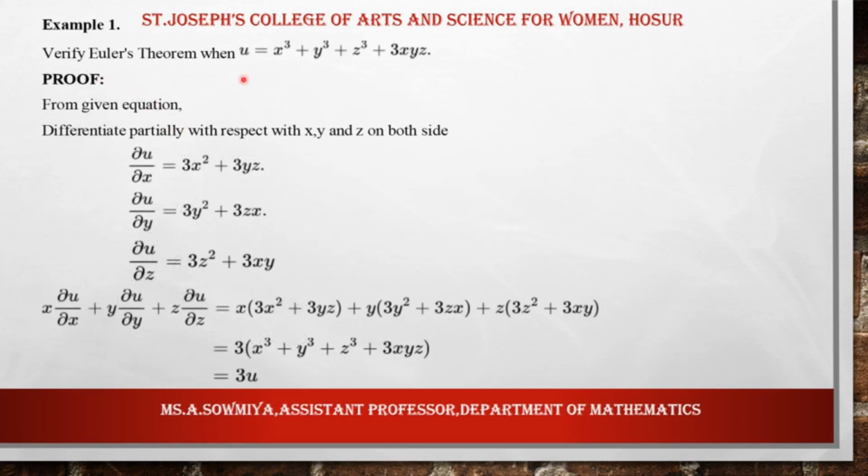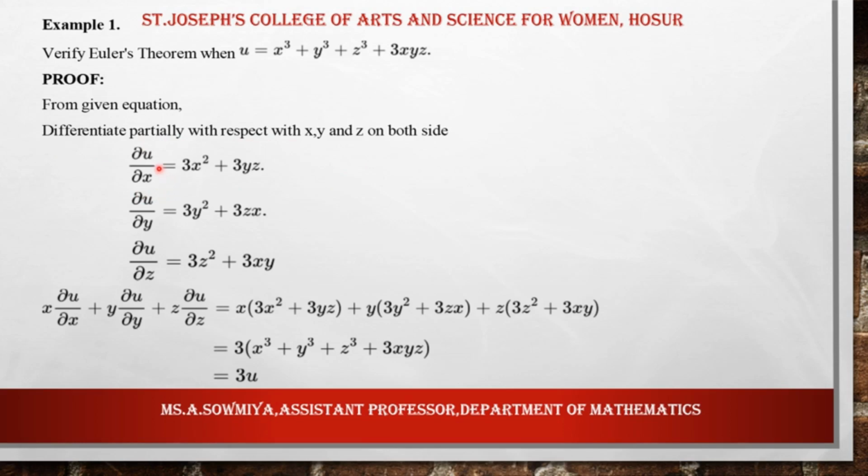Verify Euler's theorem when u equals x cube plus y cube plus z cube plus 3xyz. Proof. From the given equation, differentiate partially with respect to x, y and z on both sides. First, we differentiate with respect to x.